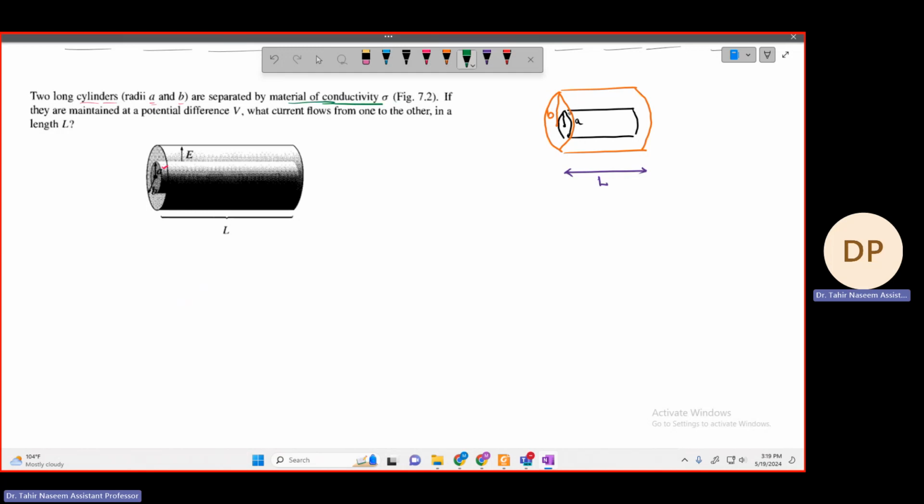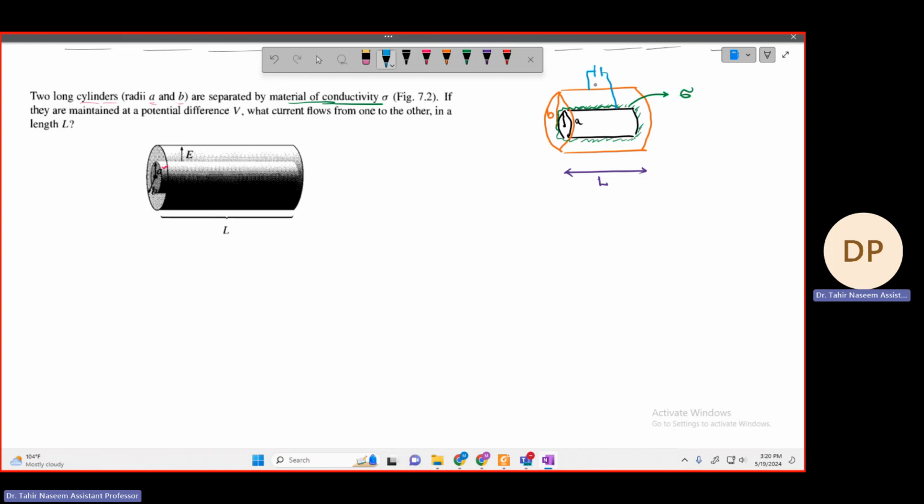So you can imagine there is an inner cylinder and then an outer cylinder, but in between, for example, we have this green material, which lies between these two cylinders, and the conductivity of this material is sigma. If we apply a potential difference, we can assume a battery, with the positive terminal connected to the outer cylinder and the negative terminal to the inner cylinder.